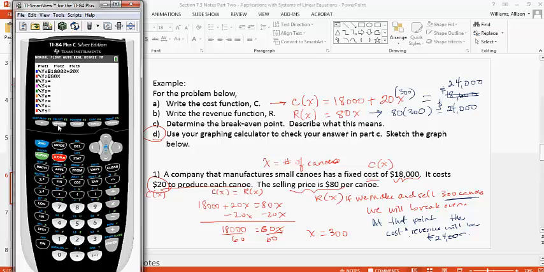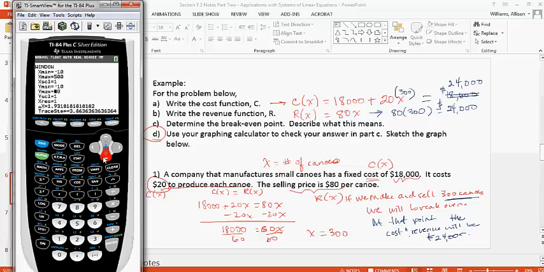And hopefully you can already see that I'm going to need to change my window and make it really large. The y-intercept of my first equation is 18,000. Remember your slope-intercept form, my slope being 20. Let's make my x-min -10, and we're looking at x is 300, so let's make x-max 500.